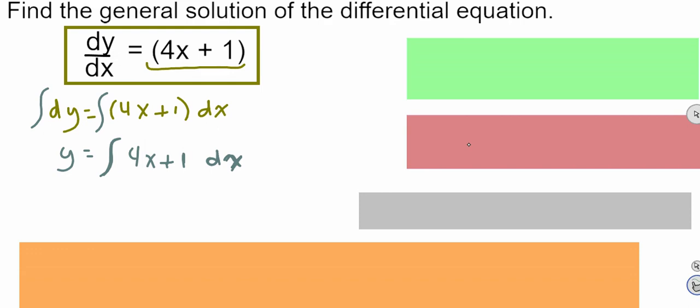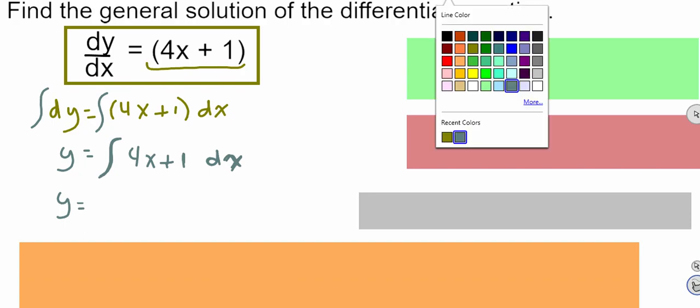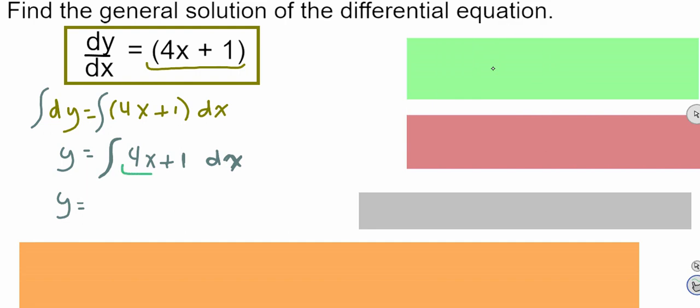All right, so now at least we know that we've got our position function, y equals. Now, how do we find the integral of 4x plus 1? Remember, when we see an integral problem, it's asking us to find the function that had this as its derivative.